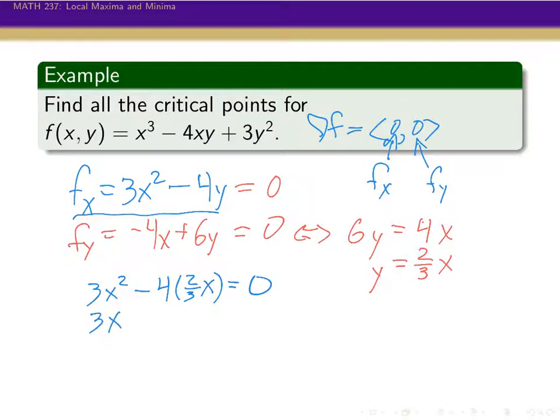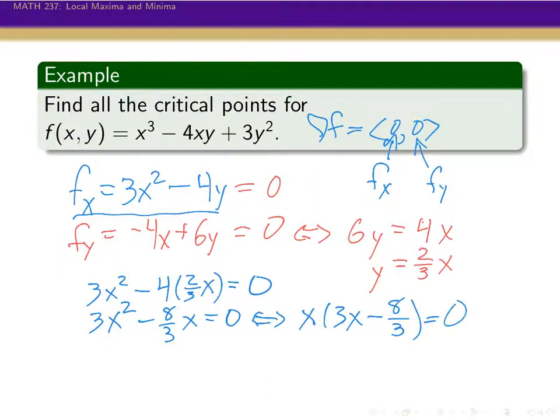So we have 3x squared minus 8/3 x equal to 0. Looking at this, both terms have an x in them, but that x is important here because that's saying x equals 0 is a root of this. So we don't want to just divide by x, we want to keep that in there. So we will factor out the x, and we'll be left with 3x minus 8/3 equal to 0.